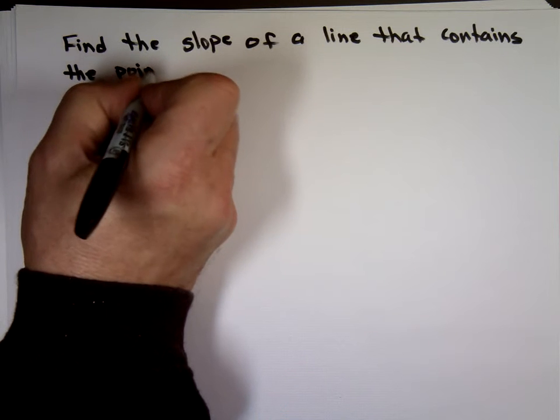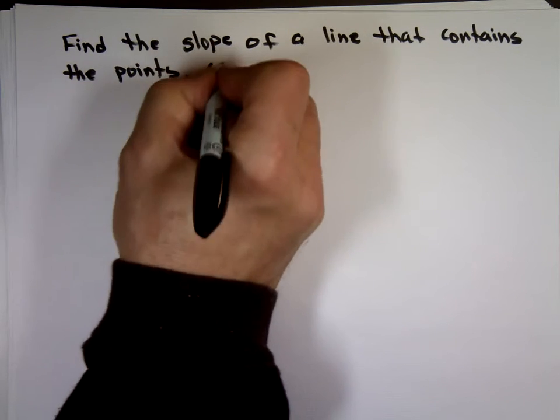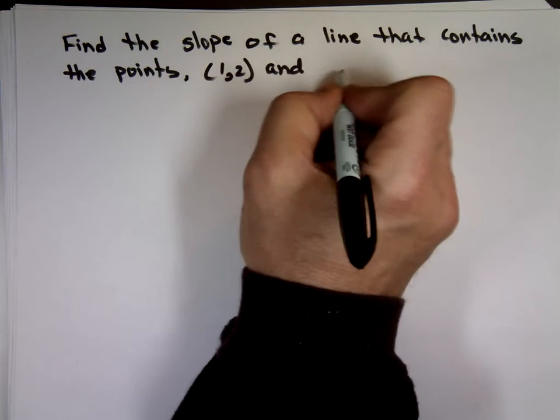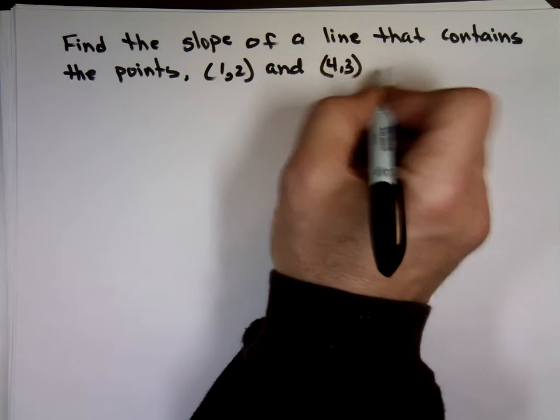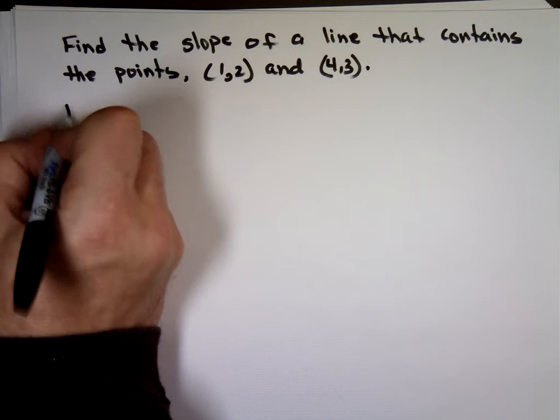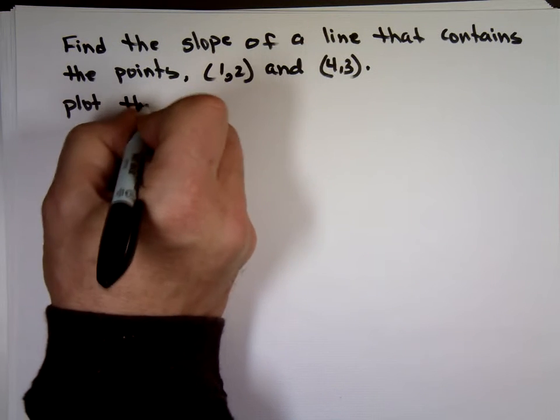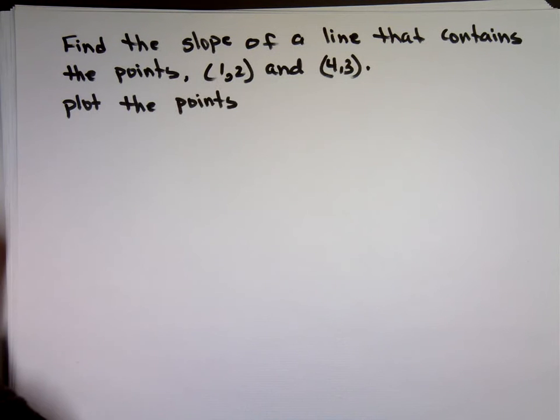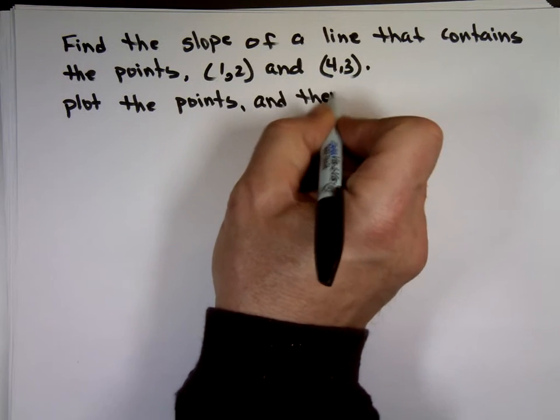Let's pick some points here: 1, 2 and 4, 3. Find the slope of that. After we finish with that, let's plot the points and then sketch the line.